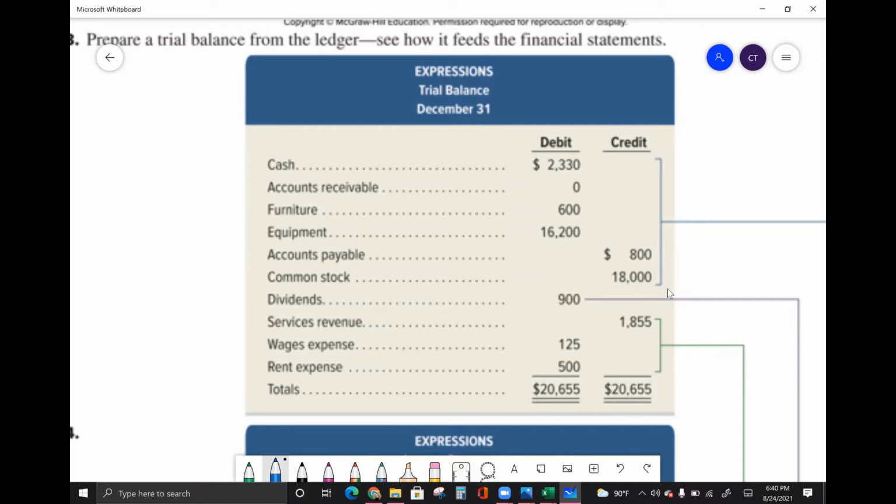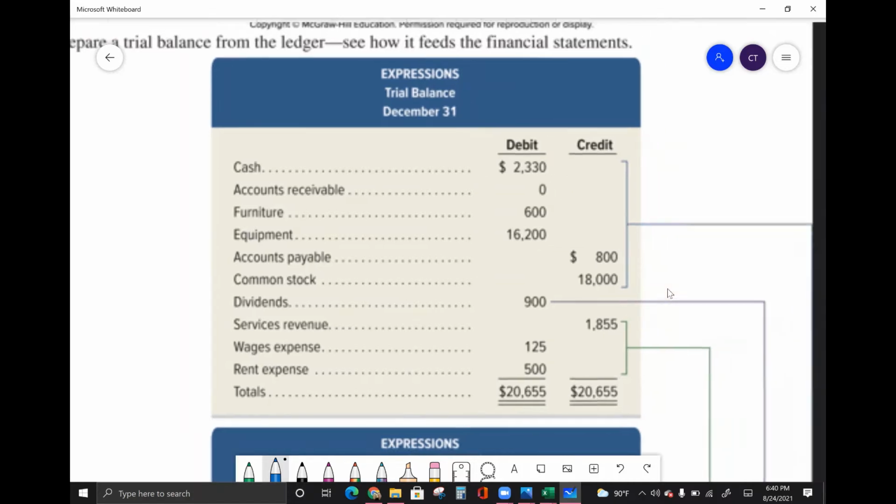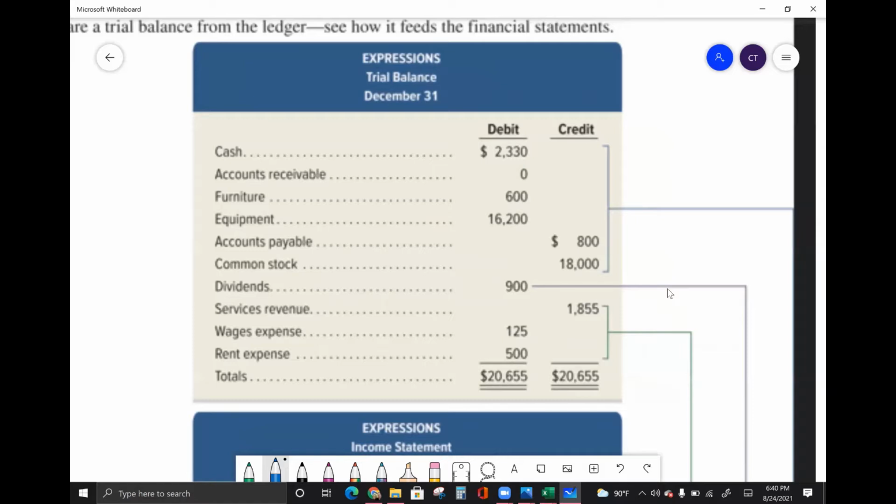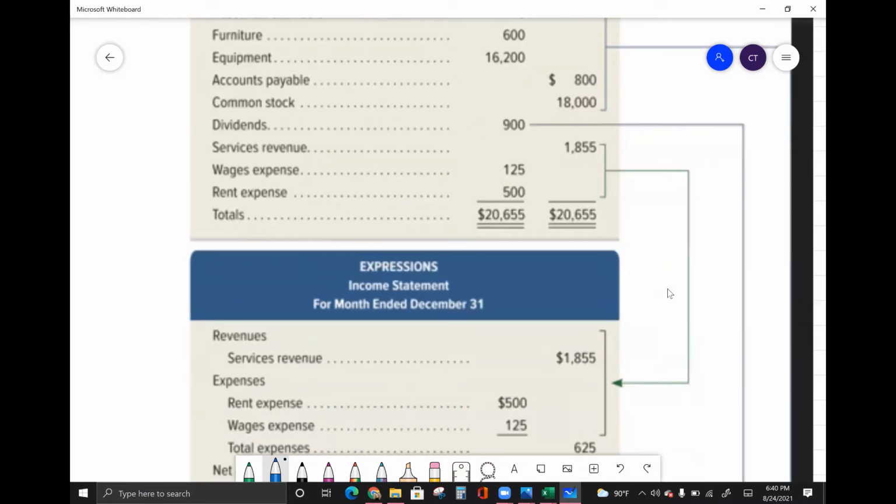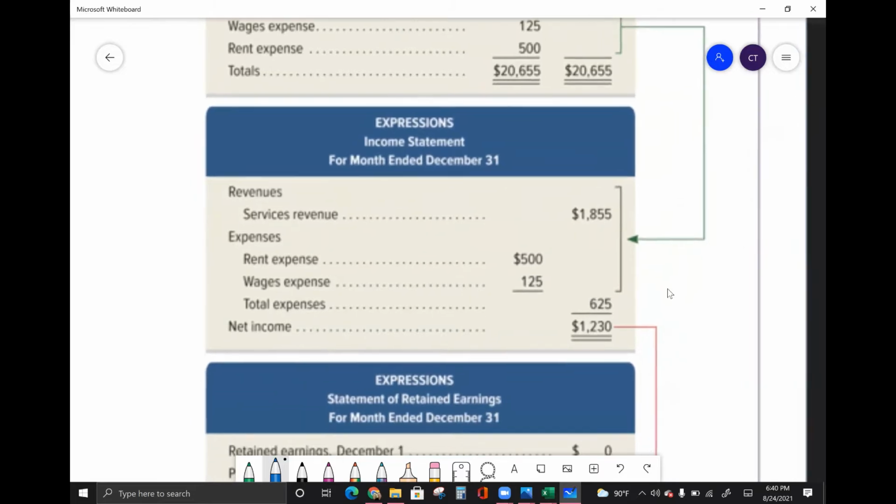All of these different transactions that were done end up with these balances here. At the bottom, where the total is, both debits and credits are equal, so everything's in balance. That's what a trial balance looks like. And then we have an income statement.